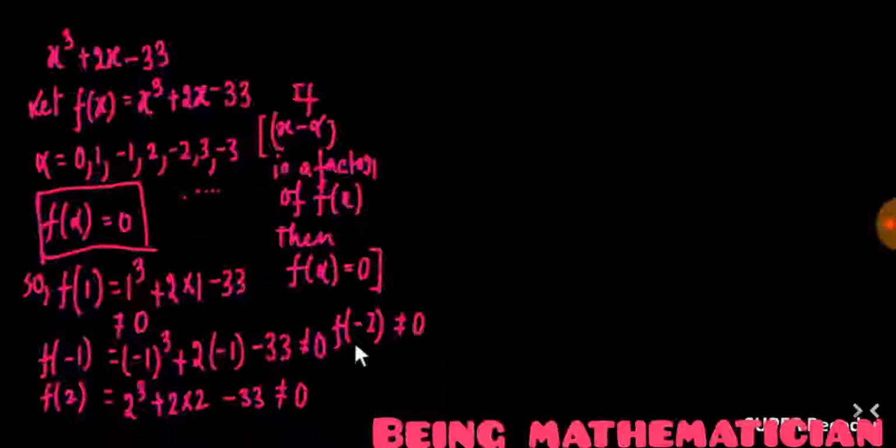And now we should take alpha equal to 3. So f of 3 is equal to 3 to the power 3 plus 2 into 3 minus 33. So 27 plus 6 minus 33, that is equal to 0.